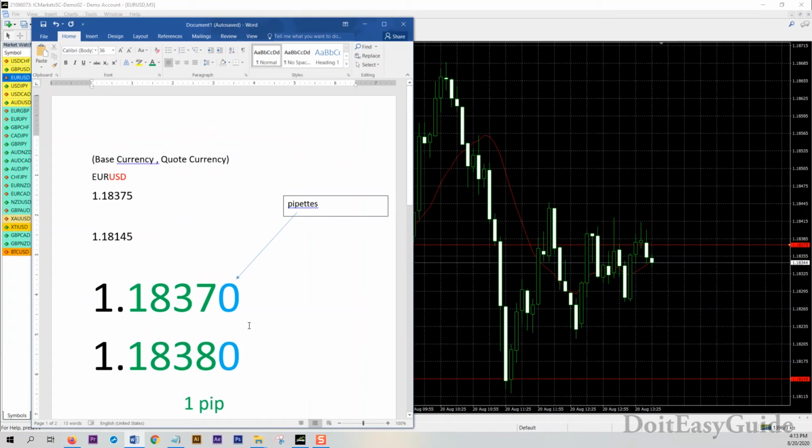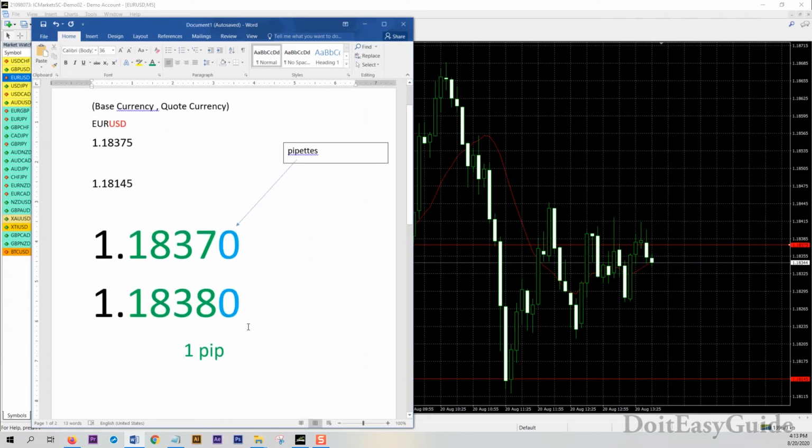So usually when you work in Forex, forget the last digit, only count the first 4 decimals. Actually these are not decimals but decimal points.